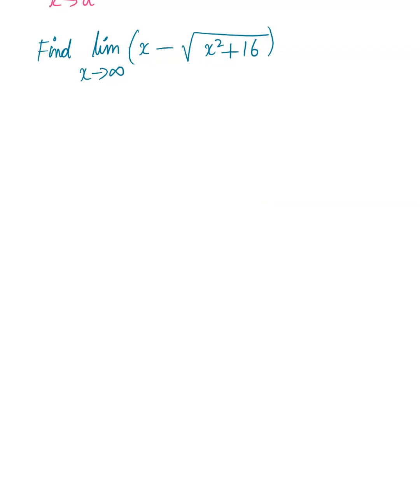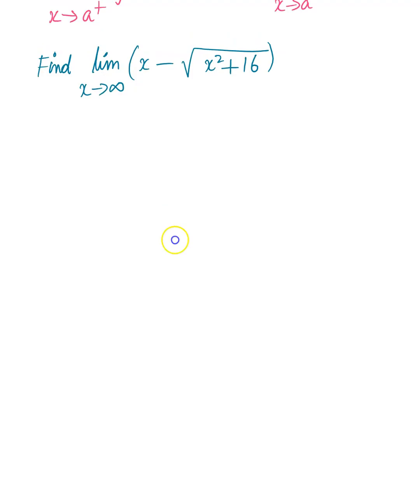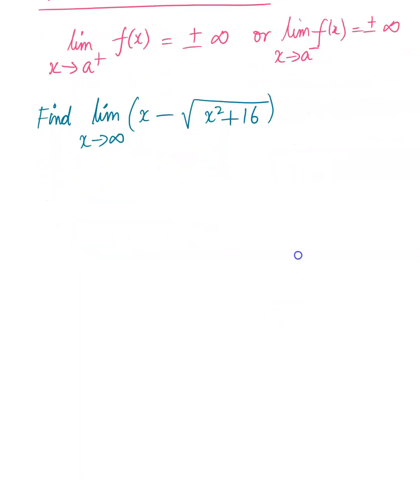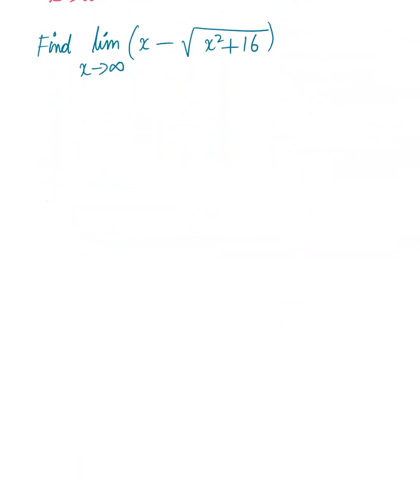But at this point we are going to use algebra to overcome this. What we see is if I directly apply infinity, the whole thing becomes infinity. And what we've seen is that when x approaches infinity, you didn't get infinity back, you got back a number. Likewise, when x approaches a number, you got back an infinity. So you don't get infinity in both places in the same limit expression. So that is one thing for you to look out for.